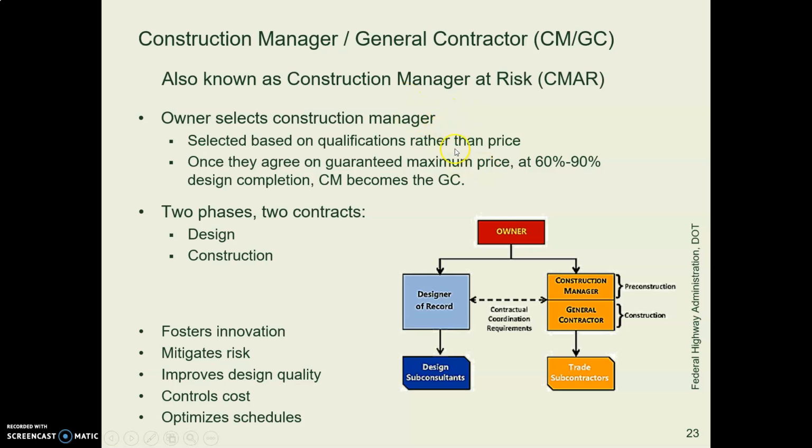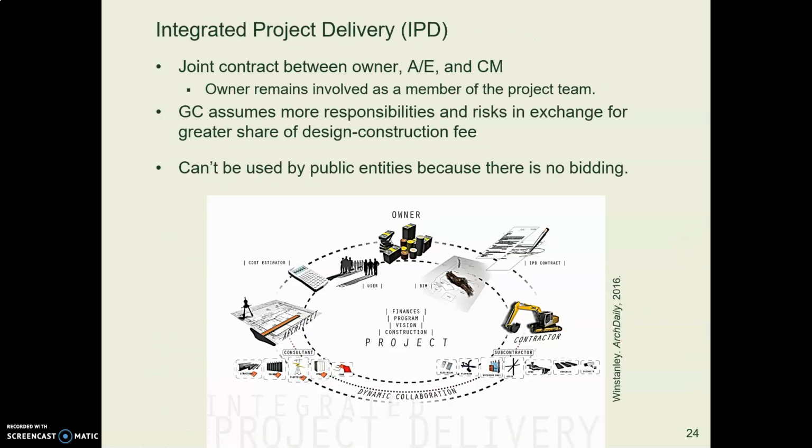So it puts a selected contractor, project manager in charge. And that person oversees the whole process. Then there's an integrated delivery process, which you often find in things like green building projects where it's really an integrated collaborative process. We can't use this in a public entity like a city building because it doesn't include bidding.